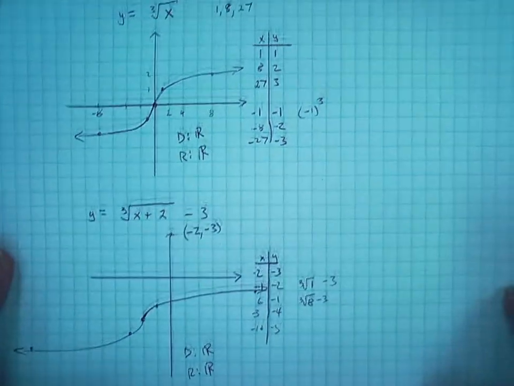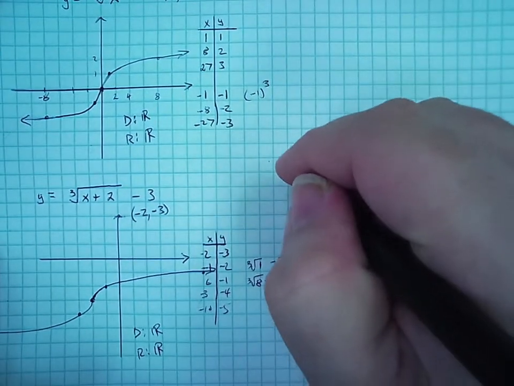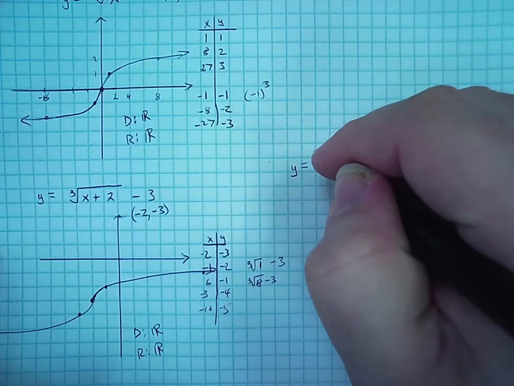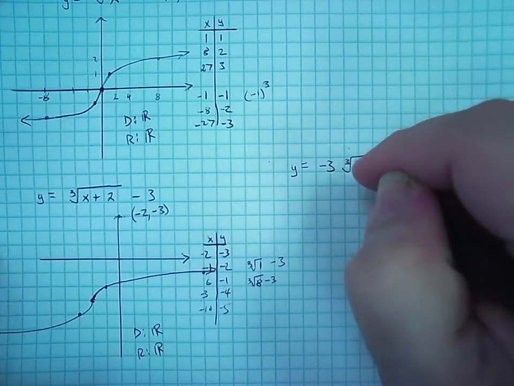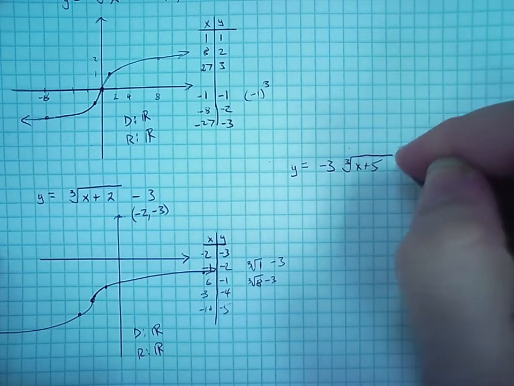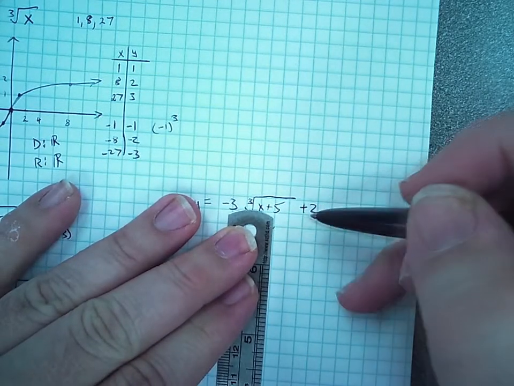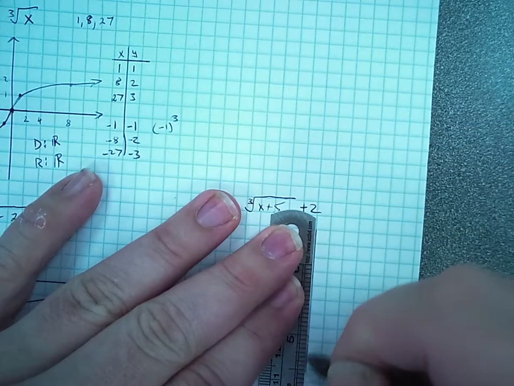I'm going to do one more of these, something with an A, just so you can see how that works, probably upside down too. So let's go with -3 times the cube root of x plus 5 plus 2. Let me move this over a little bit.